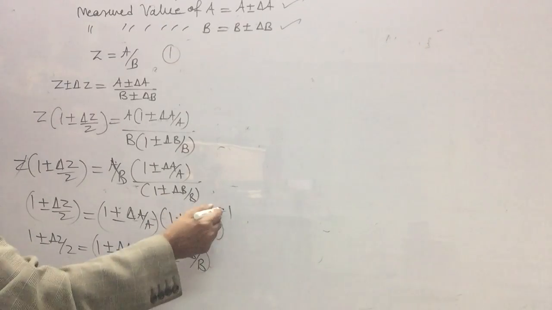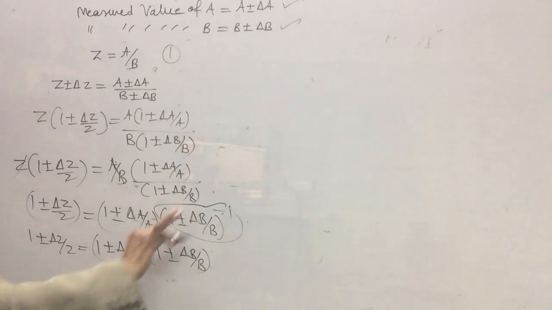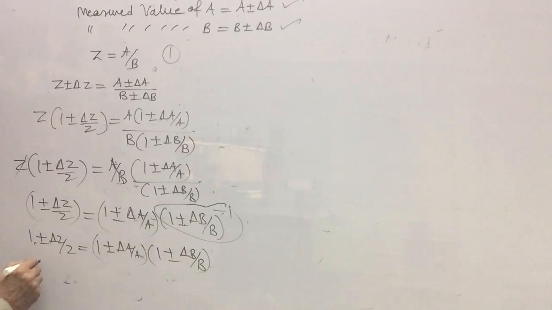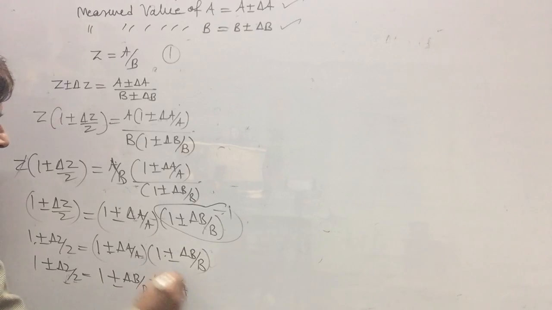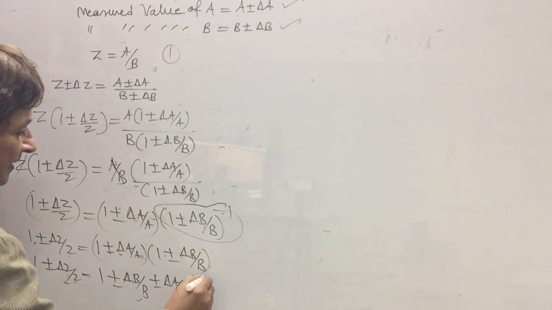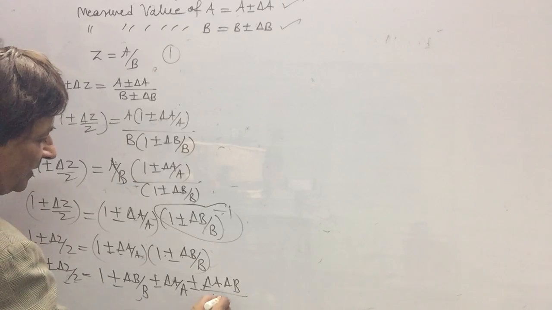यहाँ आप binomial लगा दो. Here you are using binomial. ये माइनस यहाँ आ जाएगा. That's it. अब इसको मल्टीप्लाई कीजिए. 1 plus minus delta Z upon Z, 1 into 1 is 1, 1 into plus minus delta B upon B, plus minus delta A upon A, plus minus delta A into delta B upon AB.